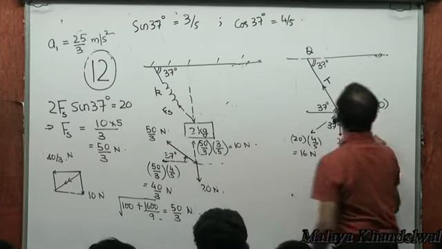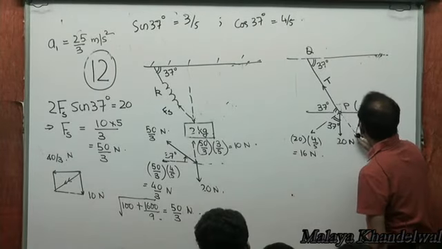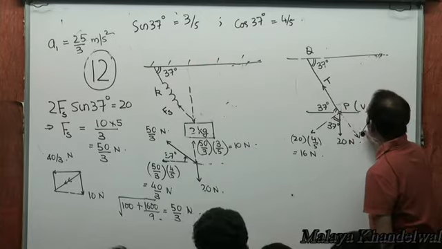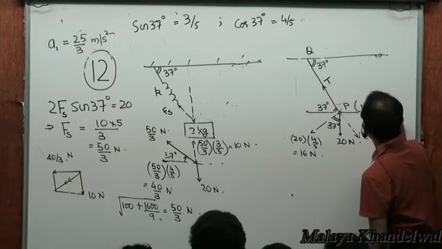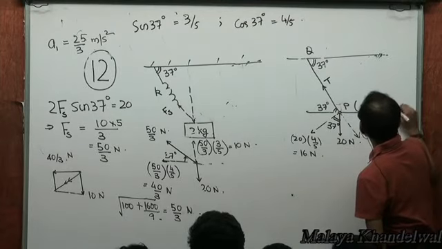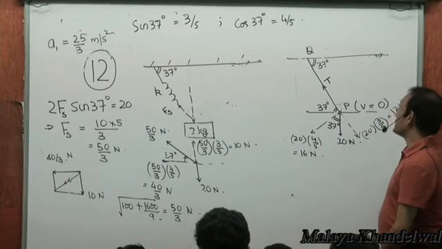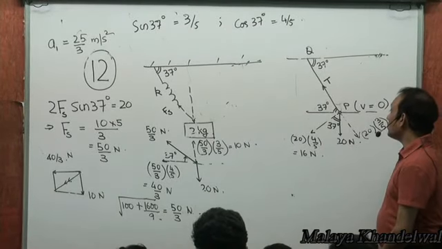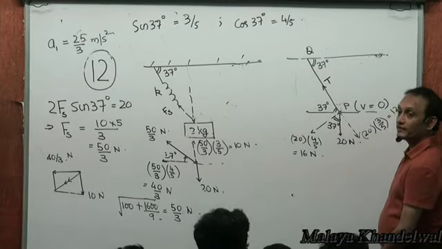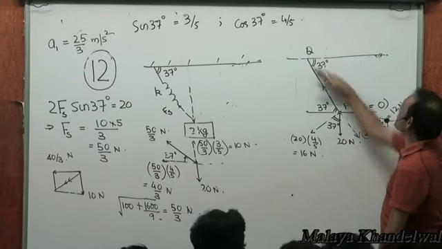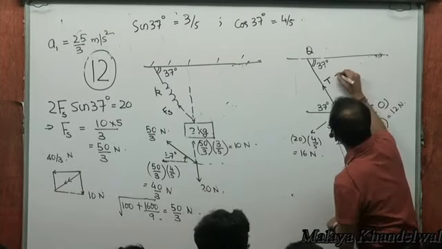And in this direction, what would be the net force? 20 sine 37 degrees, so 20 into 3 by 5, which is 12 newtons. Now, can you tell me what T should be? 12. Because T minus 12 must be mv squared by r, and v is 0. So T anyways is 12 newtons.